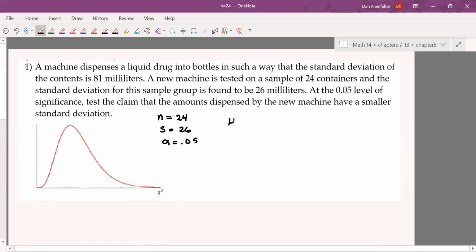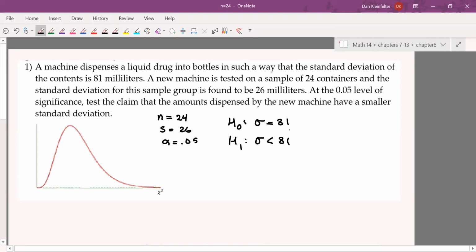So hypotheses. We want to know if the amounts dispensed by the new machine have a smaller standard deviation, smaller than the original 81. So standard deviation less than 81, equal to 81.